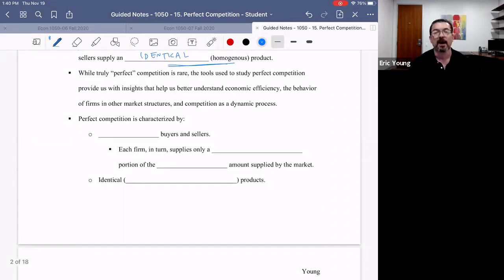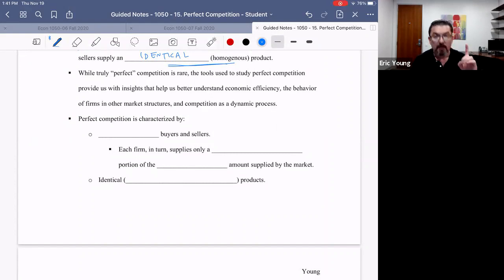Now, it's important to point out that in the real world, what we would call pure, truly perfect competition is rare. There's a couple of small examples that you can isolate, but it's really not common at all. It's very rare. That should not dissuade you from understanding the importance of the model.